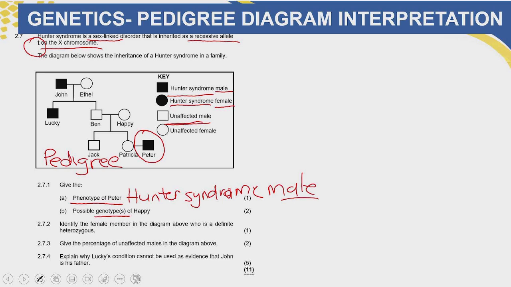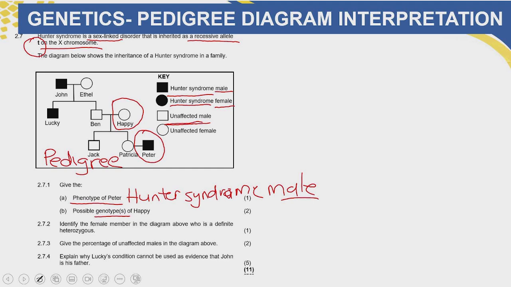Possible genotypes of Happy. Where is our Happy? Our Happy is right here. What do we see about Happy? Happy is an unaffected female. But what is important is also for us to check that Happy is married to Ben, or they are in a relationship, and they have two children, Jack and Patricia.